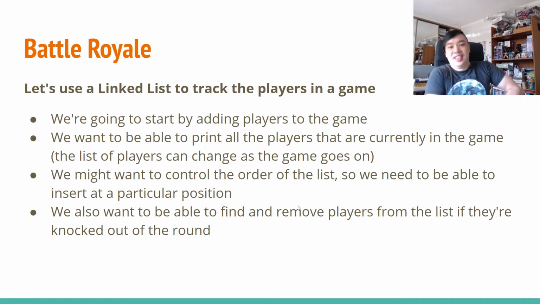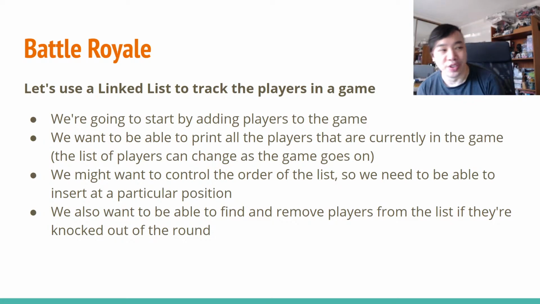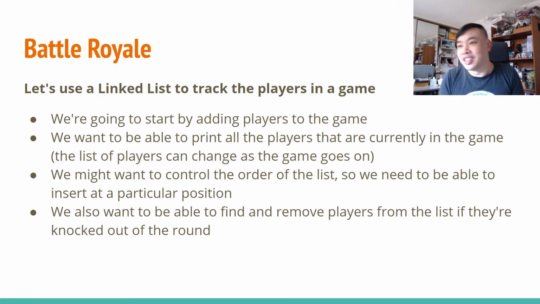So, the example that we're going to be working on for longer than we've worked on any example in this course is the Battle Royale. I got this idea from stuff like Fortnite and PUBG, which is PlayerUnknown's Battlegrounds.